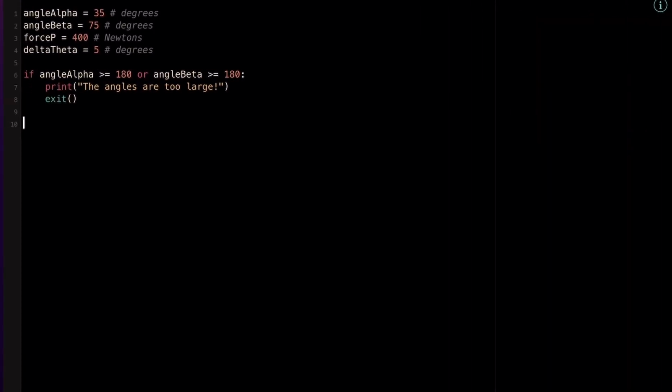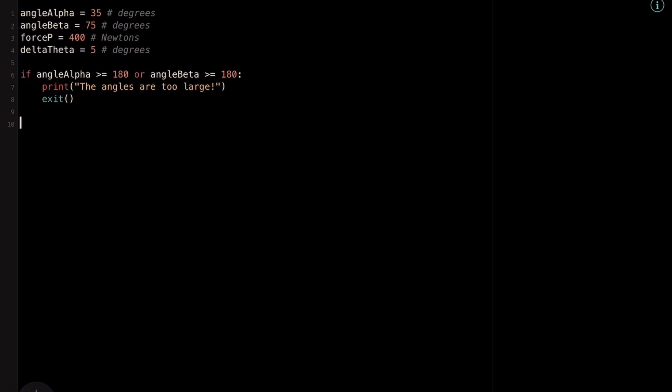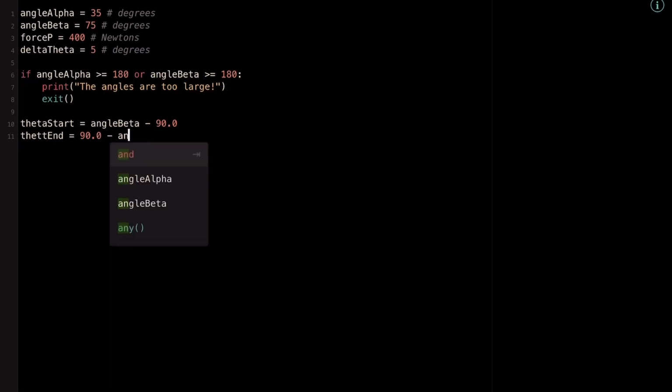So I can create two more variables, theta start, which equals beta minus 90 degrees, and theta end, which equals 90 degrees minus alpha.